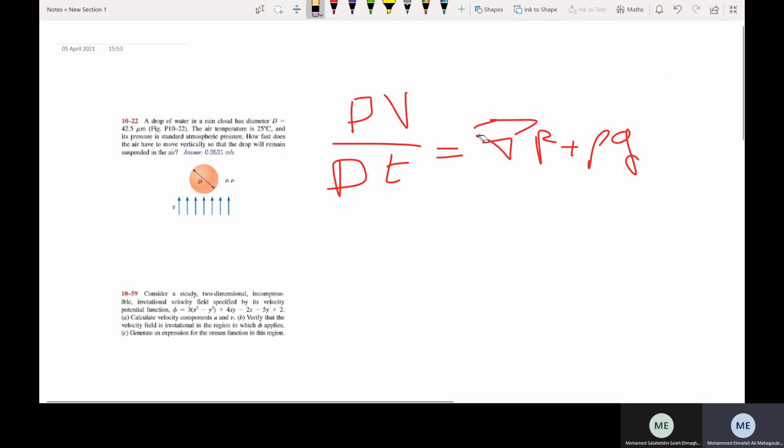When we have inviscid flow, you can also use Bernoulli's equation, which is the solution of this equation for the pressure. I think there is a problem where you need to find Bernoulli's equation from the Navier-Stokes equation.